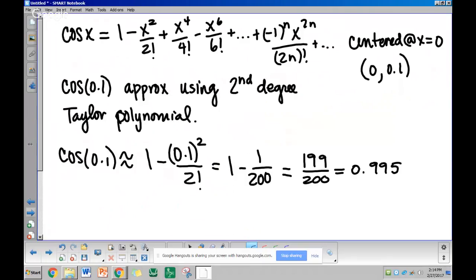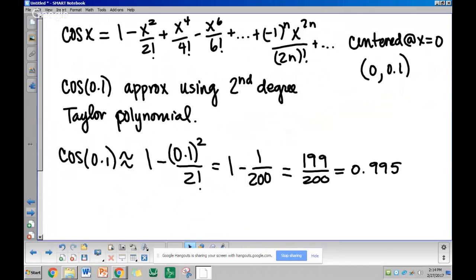Okay, so when you type in cosine of 0.1, what do you get? Can I have more decimals?